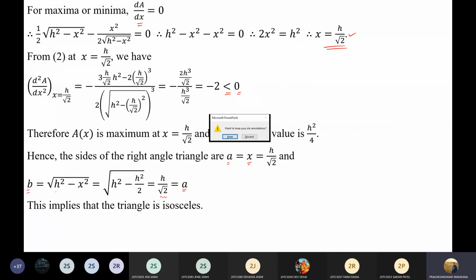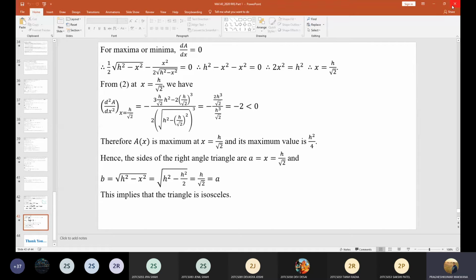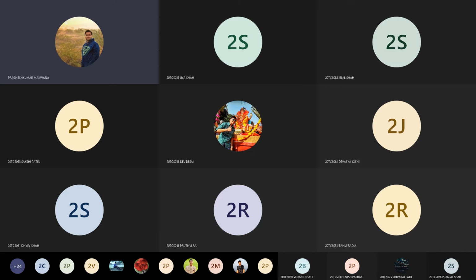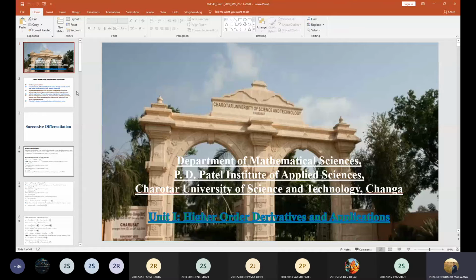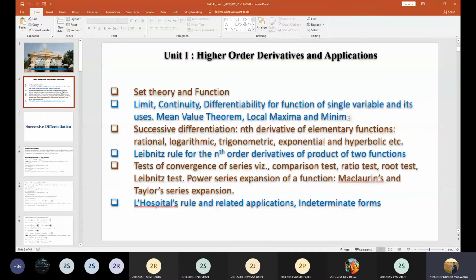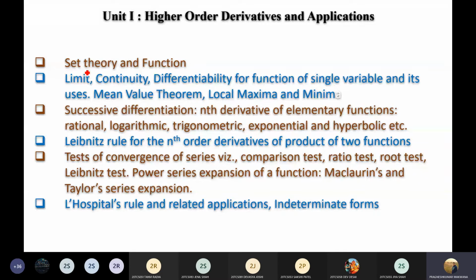Now here you can see that the first 2 points are studied here. The first point is set theory and function.